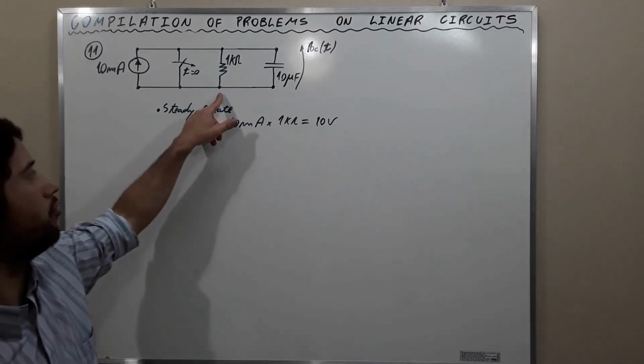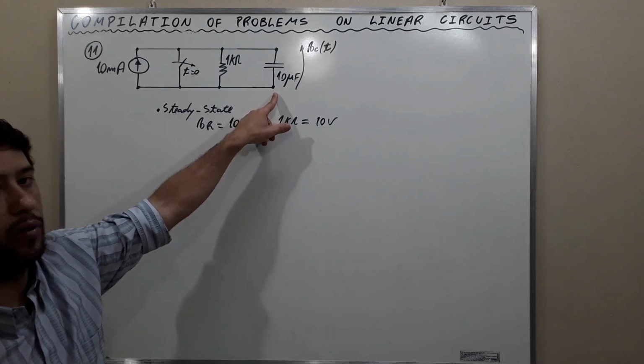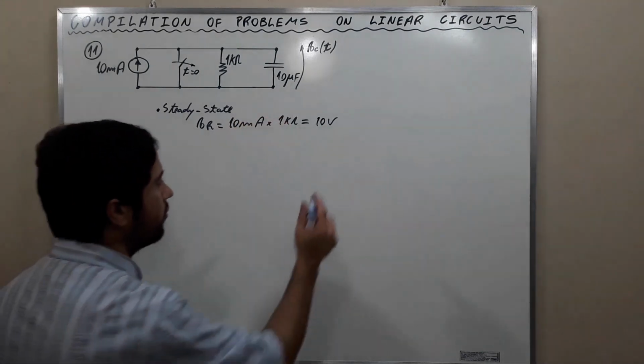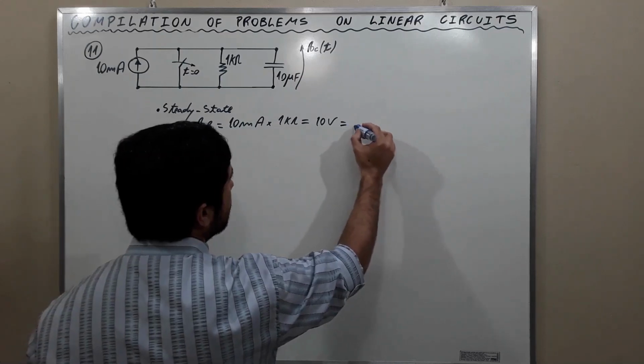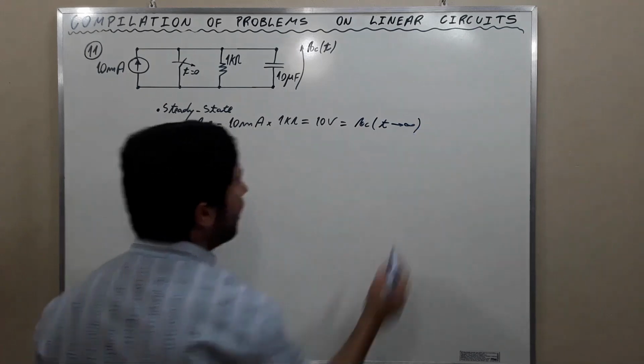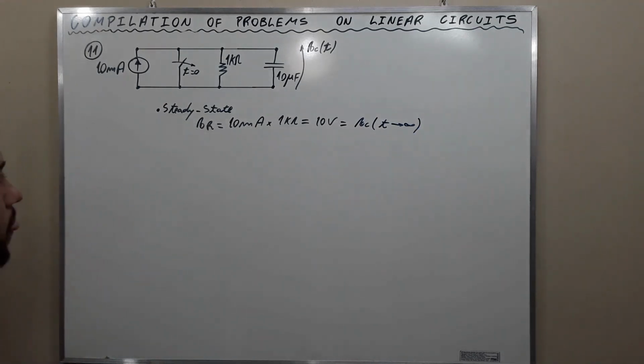As the resistor is in parallel with the capacitor, this is also the capacitor voltage at steady state conditions. Therefore, one of the questions, what is the steady state value of the capacitor voltage?